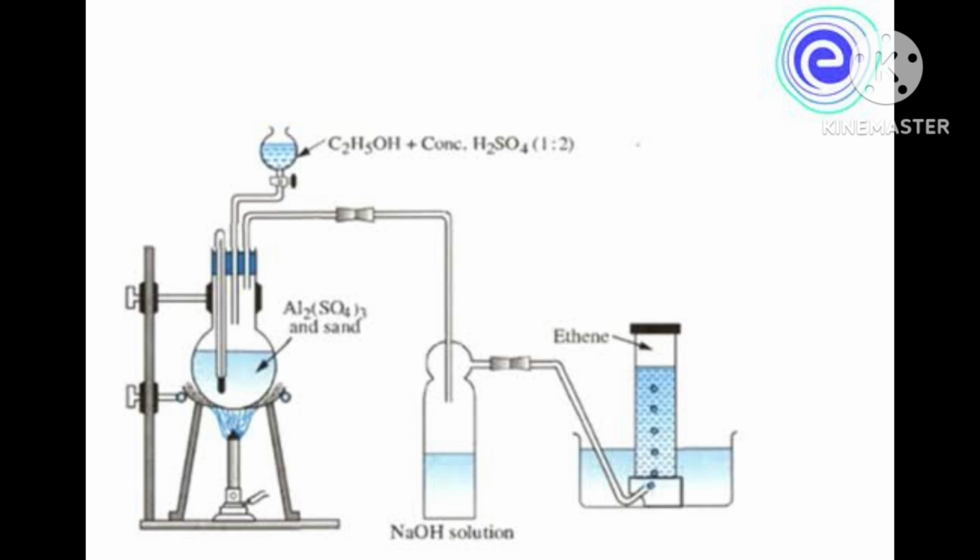It is easy to write: carbon triple bond carbon, with one carbon having a methyl group attached and the other carbon having only H. In the place of one H, CH3 came, and the other is only H, already there, no change. So CH3 C triple bond CH, three carbons. That's why it is called propyne.